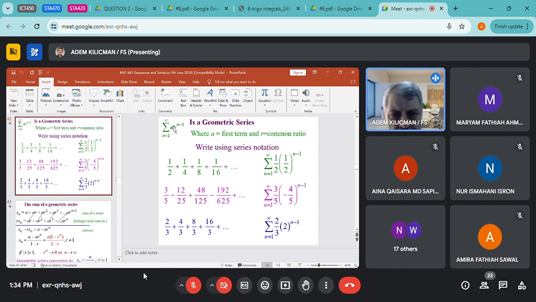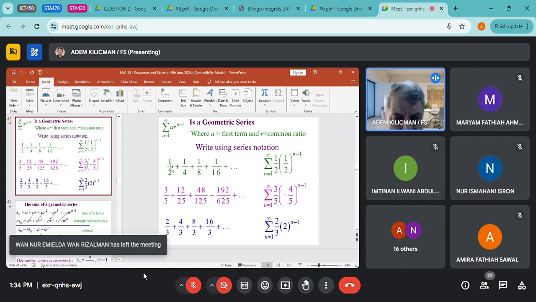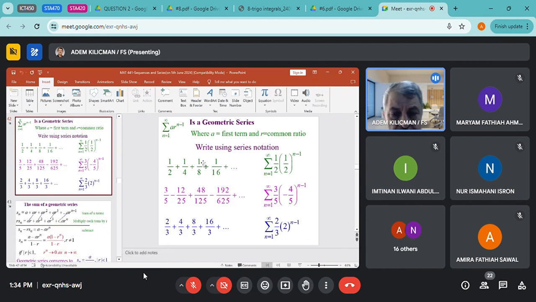So the first term given to us is 1 over 2, and the common number between those terms is 1 over 2 as well, because, for example, 1 over 16 we generate by multiplying 1 over 8 times 1 over 2. That is the one. 1 over 2 is common to all.